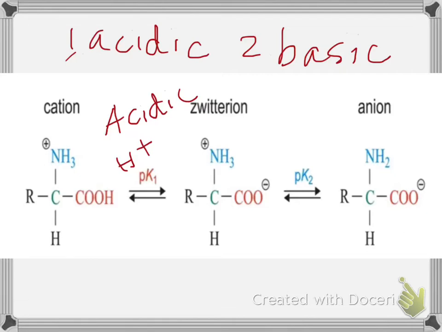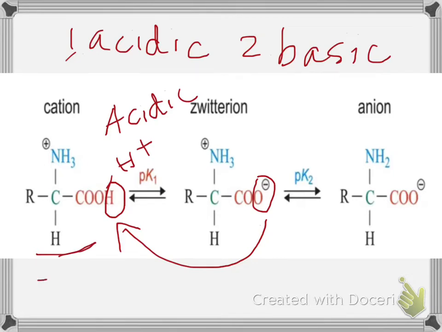So the H plus binds to the carboxyl group of the zwitterion. So this COO minus will become COOH. That is, it becomes positive. The overall charge of this molecule will be positive.